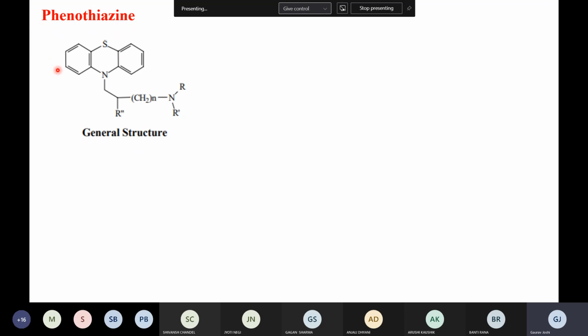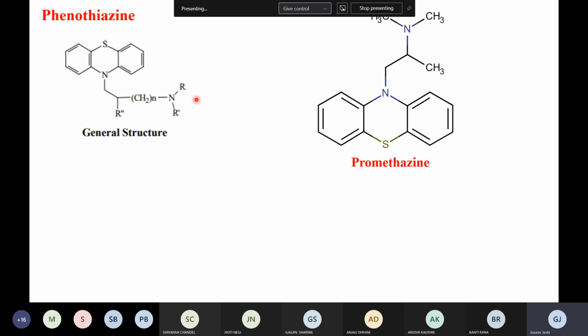So basically this is the general formula where we have a methyl, ethyl, and we have a chain, right? So I'll be just showing you some of the examples. For example, it is an example of the... I do not know why, okay, this is gone. Right. So basically this is the promethazine.